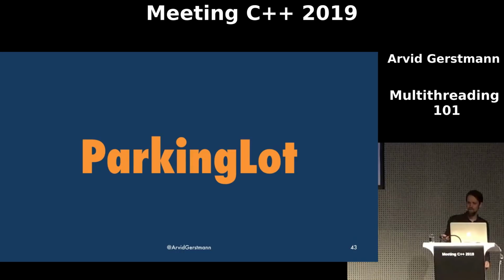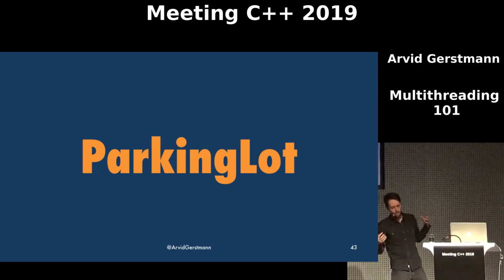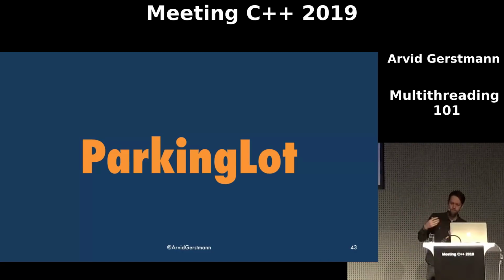So this kind of sounds like a futex, right? And it kind of is. It's a little more dynamic. It allows for more things because the interface is not so strict.